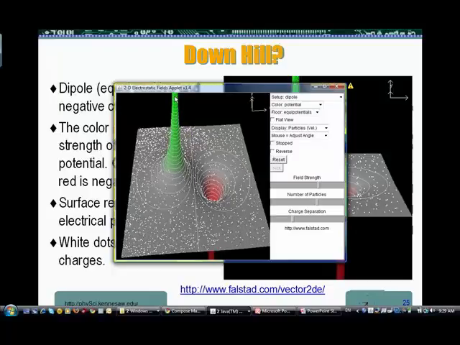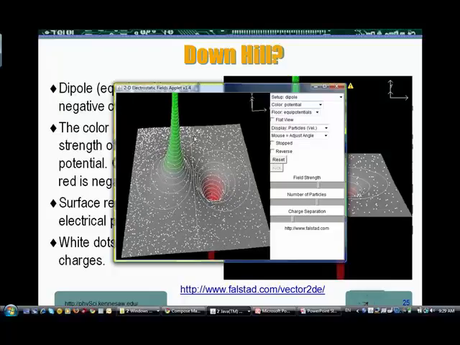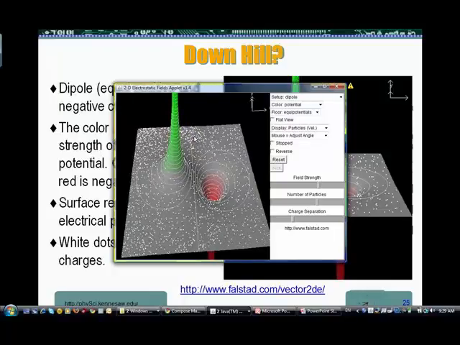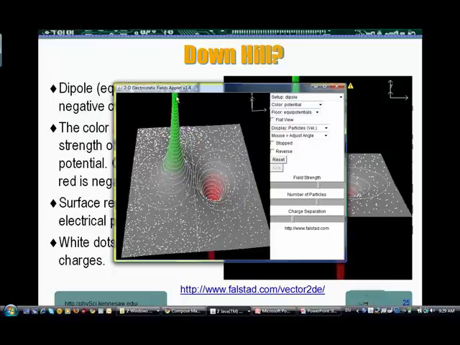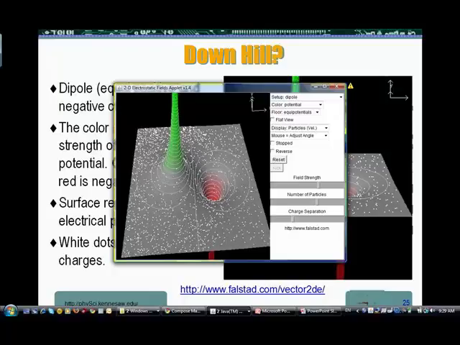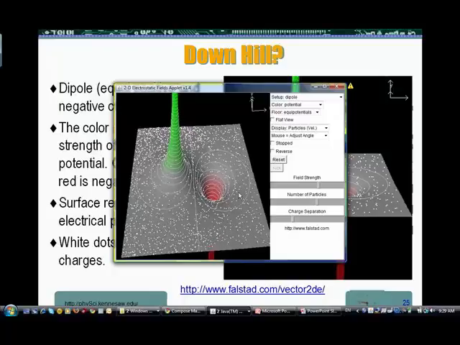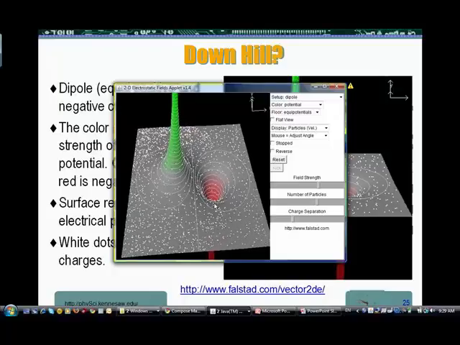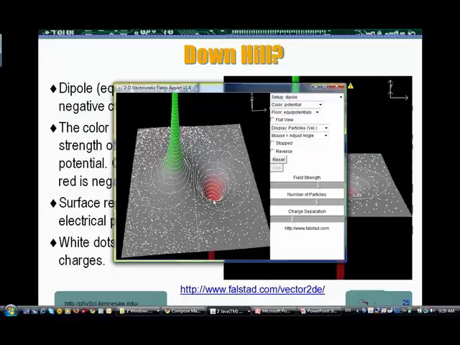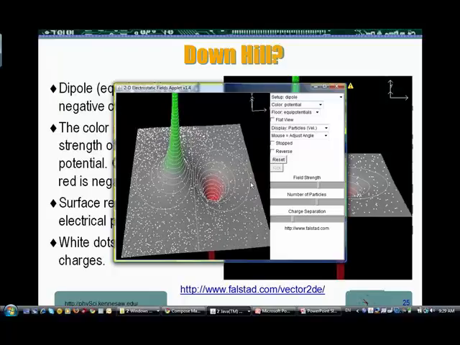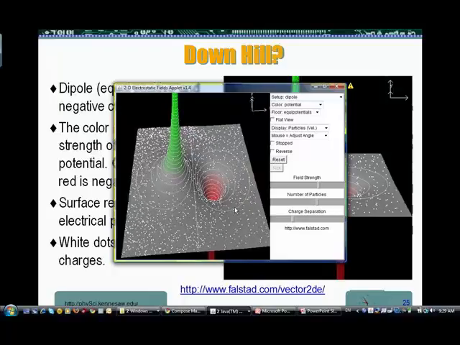It depends on 1 over r. So the smaller r, the larger it gets, so it borders infinity in the middle. So that's why we're not seeing that. And then the opposite here, it's a well instead of a mountain, because we have a negative potential.